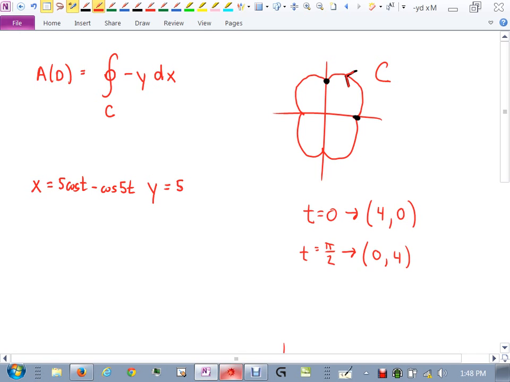The y was 5 sine t minus sine 5t. All right, we're going to need dx, aren't we? What's dx here? Negative 5 sine t plus 5 sine 5t dt. Y'all agree with that?